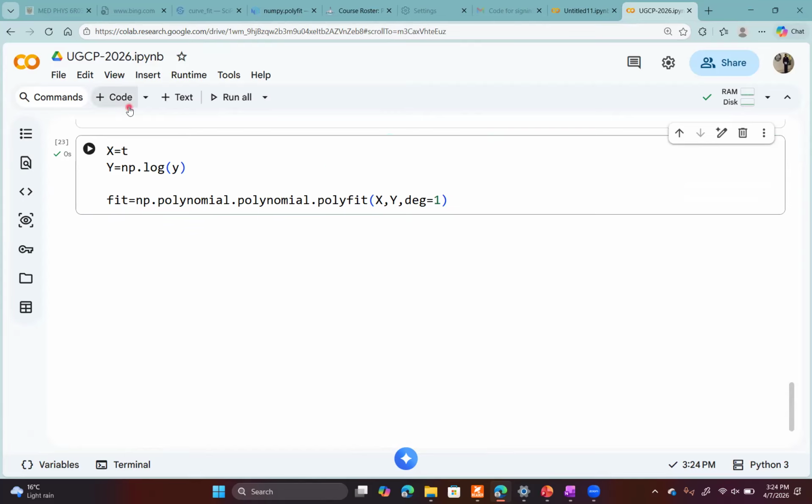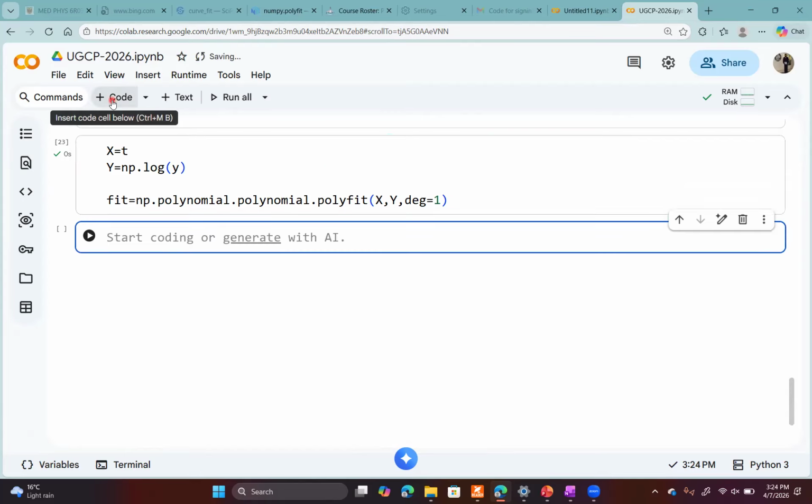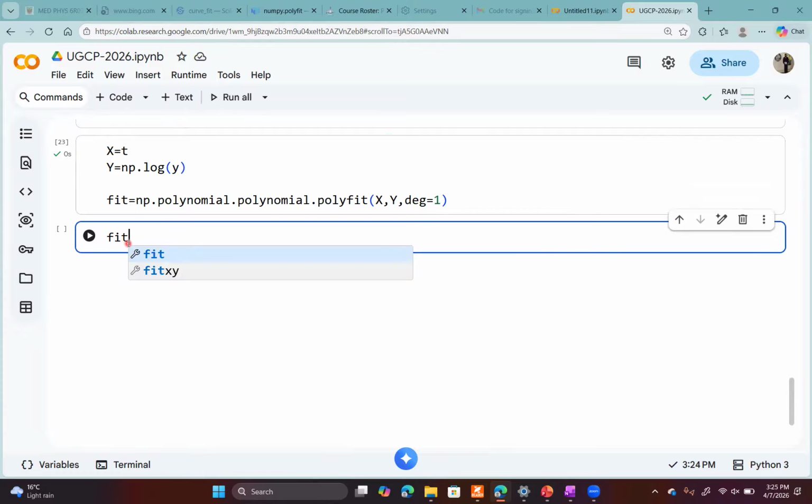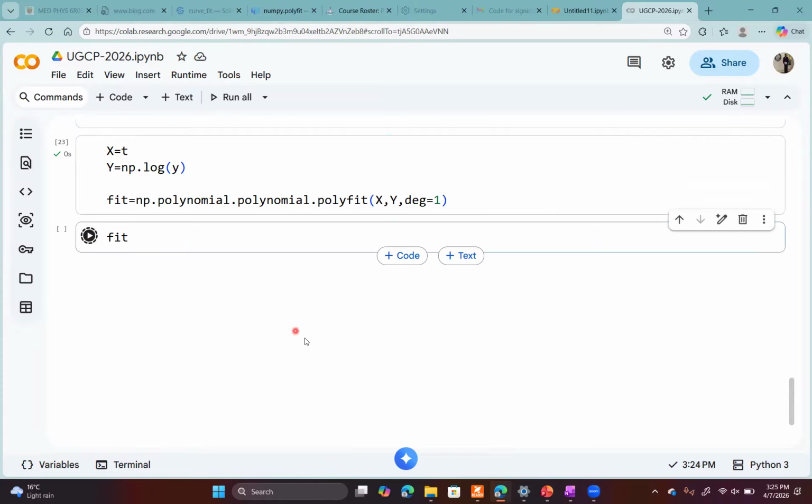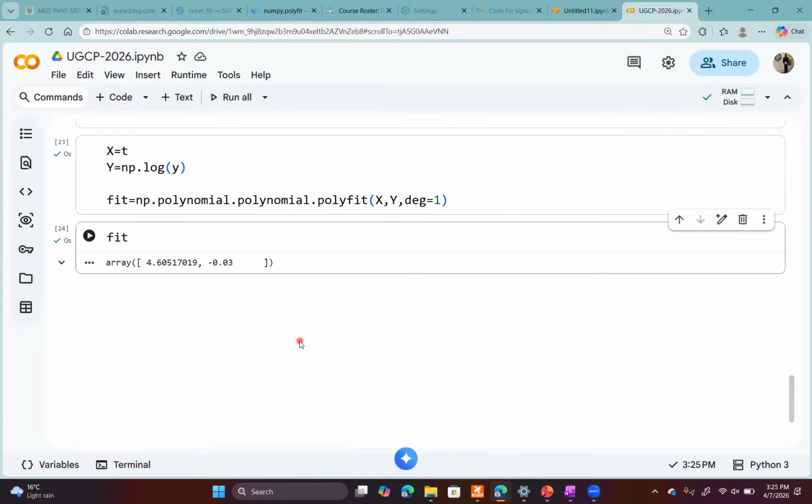So the code has not returned any error. Therefore, it means the fit has been generated. Fit vector has been generated. Okay. So it contains two values. So the slope value, the lambda value is minus 0.03, and the other value is 4.6, which was the intercept.